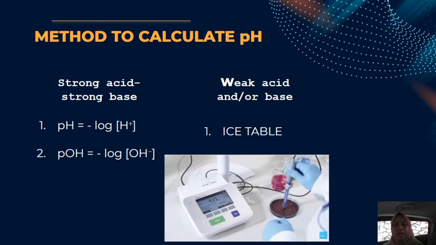But for the weak acid and weak base, we use an ICE table with a known Ka value. But this is only applicable for theoretical pH. For the experimental one, usually the students or the lab instructor use a pH meter to obtain the pH value.